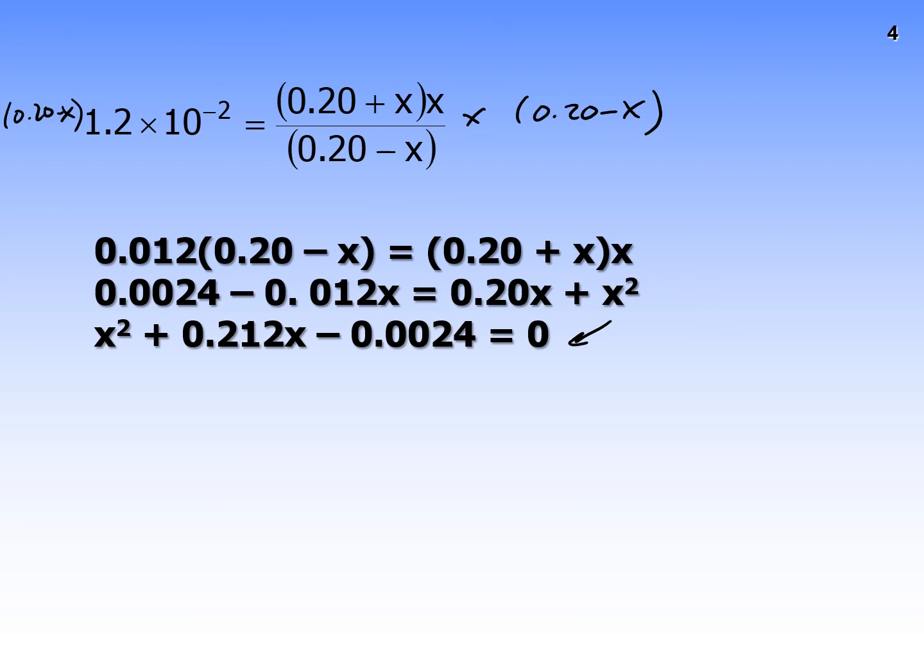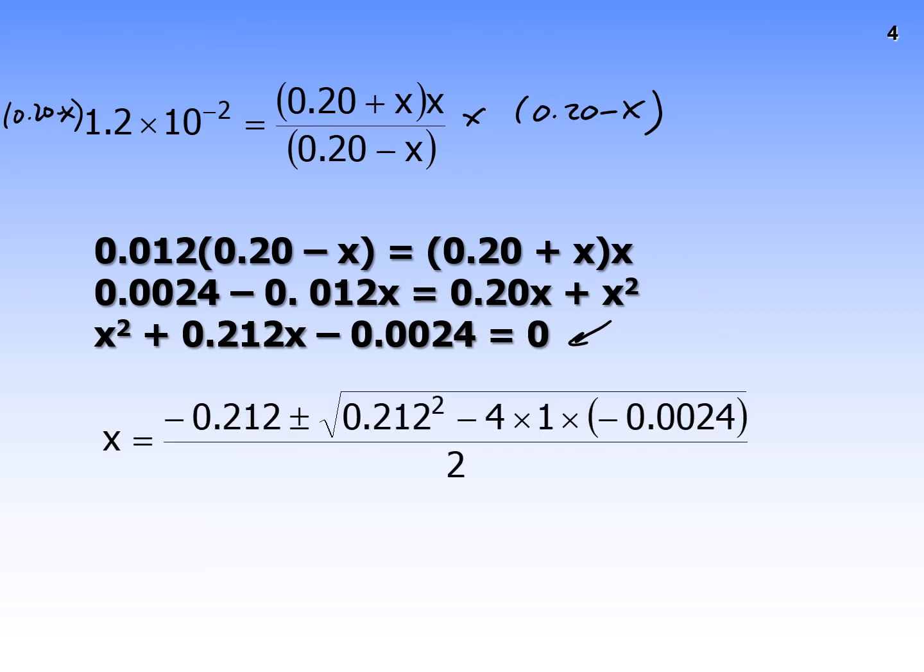At this point, we can use the quadratic to solve this problem, right? We have negative 0.212, negative b plus or minus the square root of b squared minus 4ac, all over 2a.